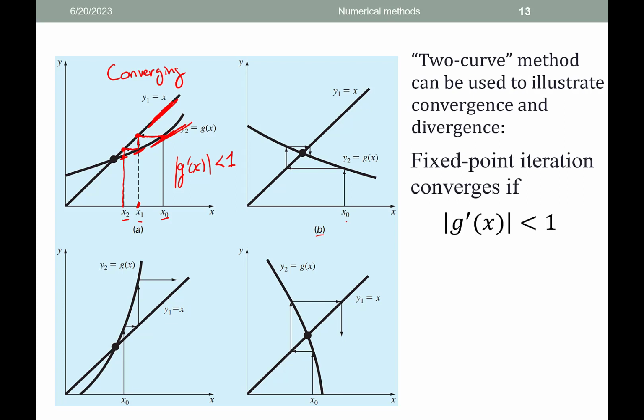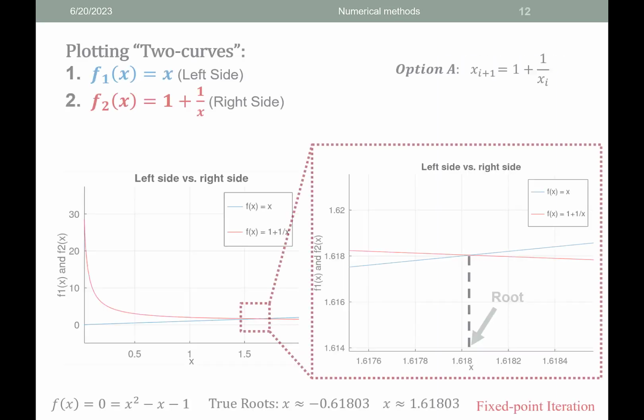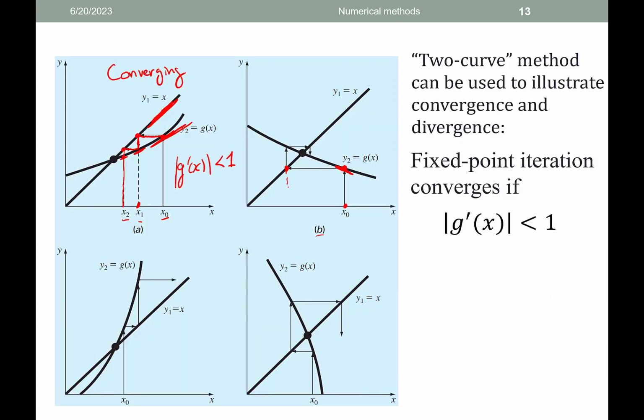For the B graph here, we have an initial guess x naught, and we can see again that the slope here is less than 1. From this, the fixed point iteration method will guess that this next point is x1.